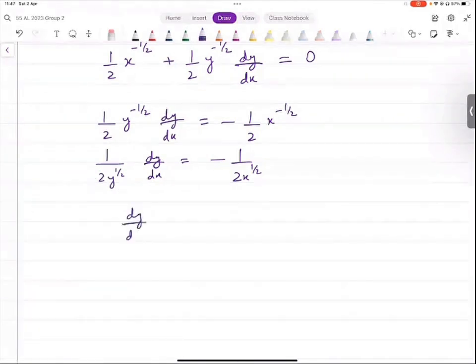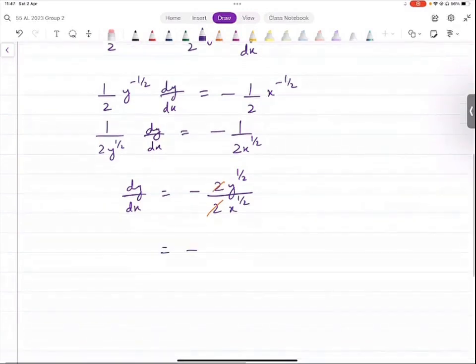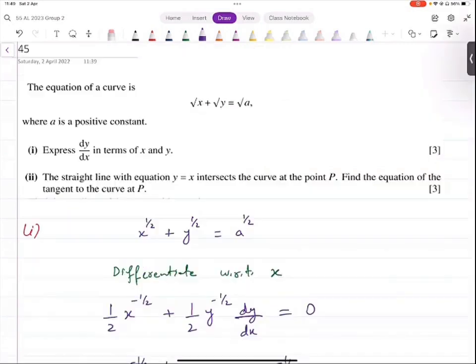We get dy over dx equals -2y raised to power 1/2 divided by 2x raised to power 1/2. 2 and 2 get cancelled, and we're left with -y over x whole raised to power 1/2, या square root लिखते हैं. That's what you get. That's dy over dx. ये आपको फाइंड करना था.